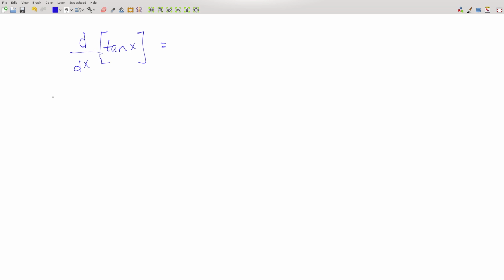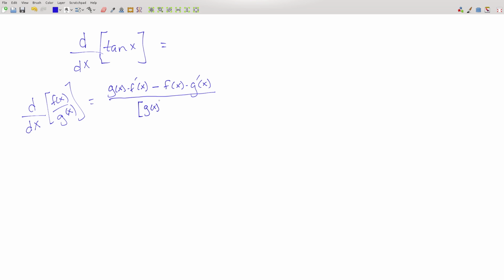Before we get into this, I want to remind you about the quotient rule. If we want to find the derivative of two functions being divided by one another, say the derivative of f of x over g of x dx, it is equal to g of x times the derivative of f of x, minus f of x times the derivative of g of x, and this whole thing is then divided by g of x squared.